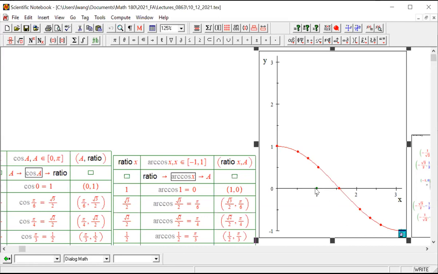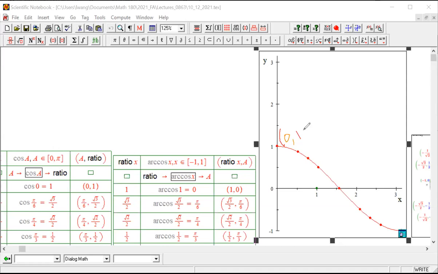Do you see that? So 0, 1 means the orange is 0 and the ratio is 1.